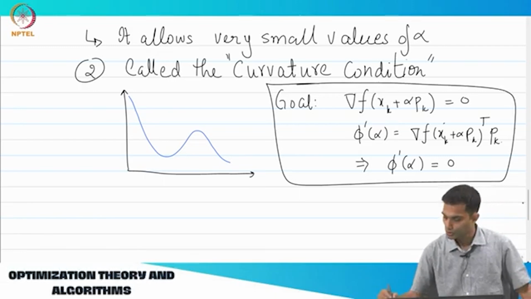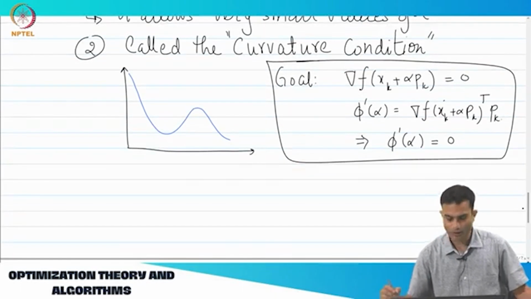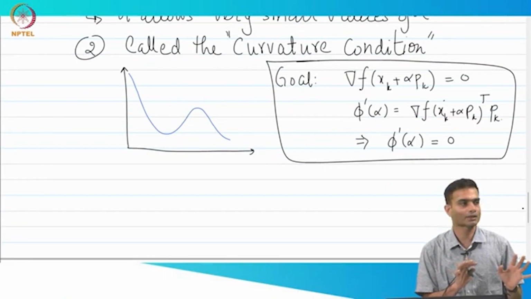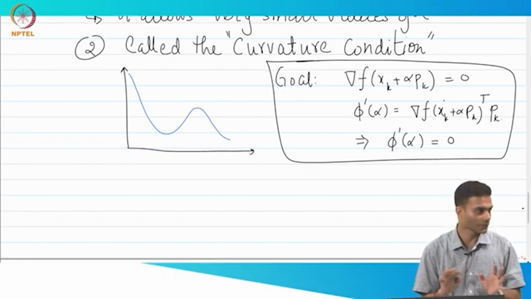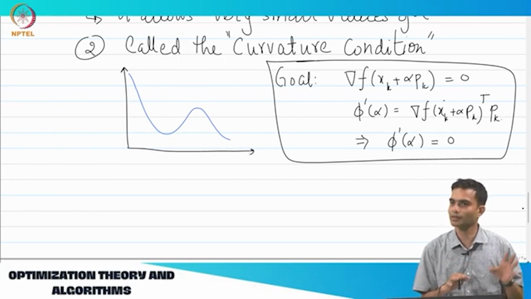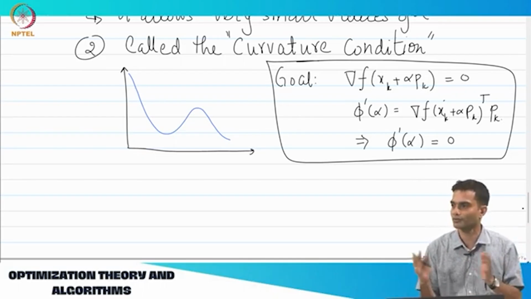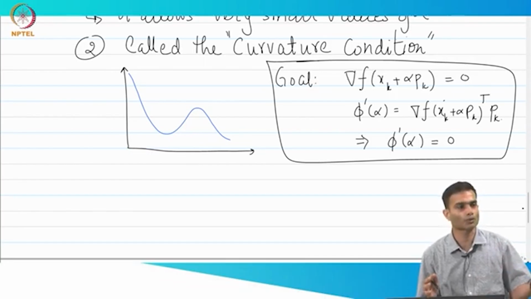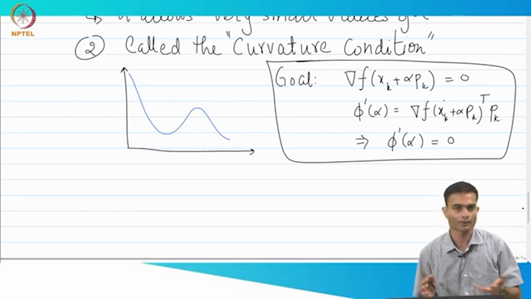So, let us write down another very common sense kind of condition. I want to proceed in the direction where the slope is reducing. Function value decreasing is one thing, slope reducing is another; both are sort of mirror images of each other. So, instead of talking in terms of function values, let me go to a more direct thing and talk in terms of slope values.